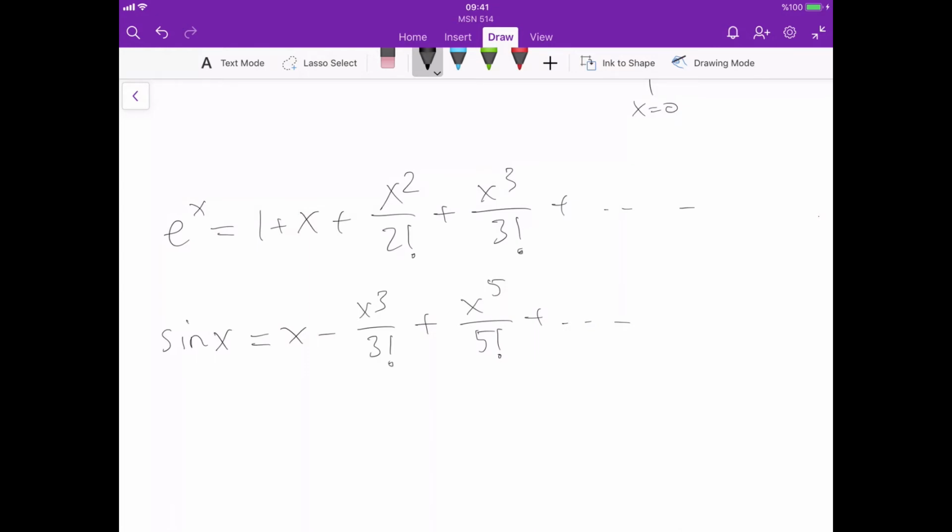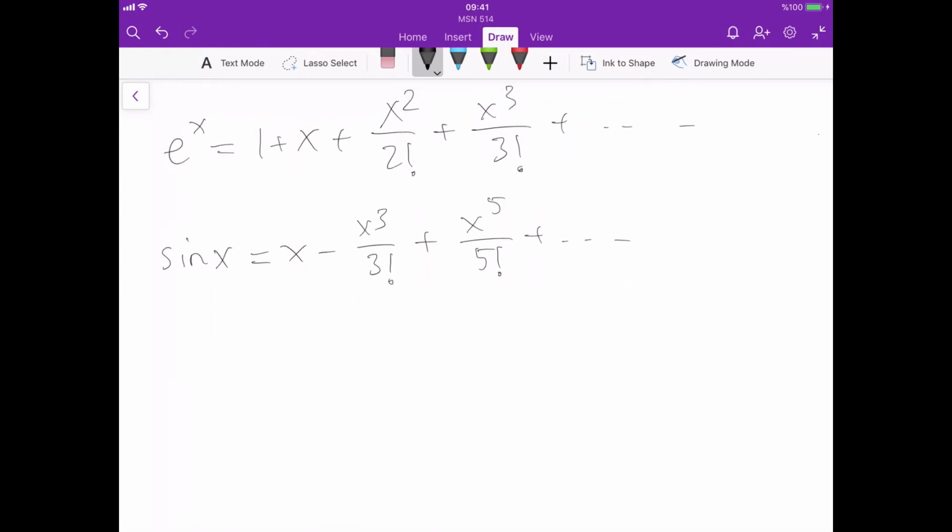Yes? What about cosine x? 1 minus x squared over 2 factorial plus, I believe, x to the 4 over 4 factorial minus, etc. Right?